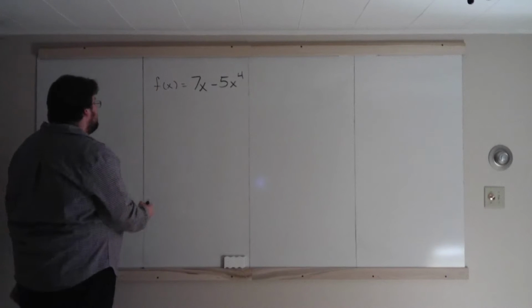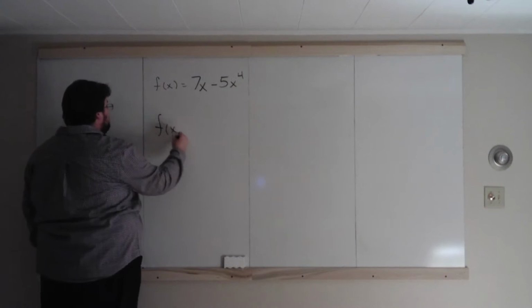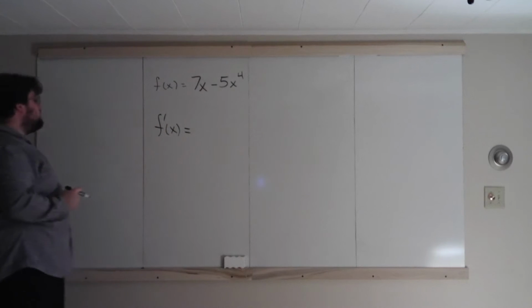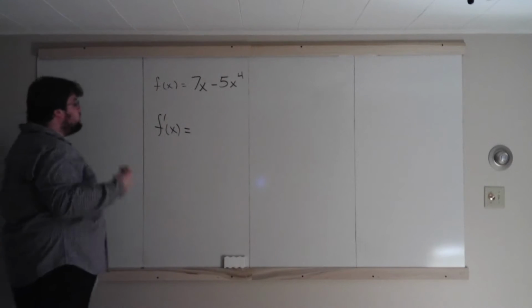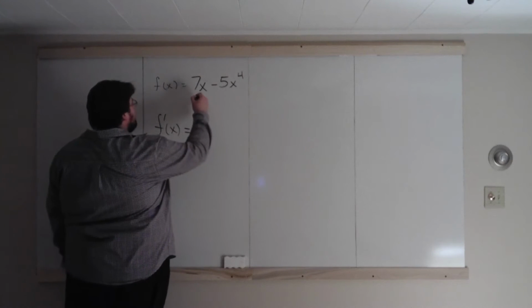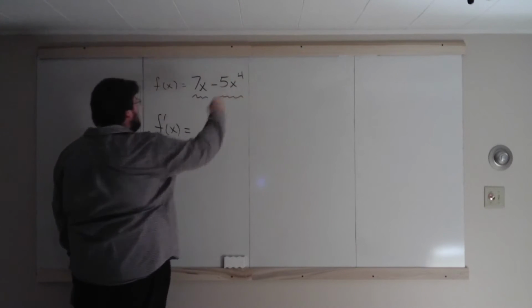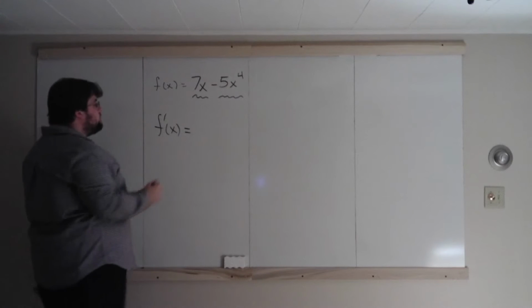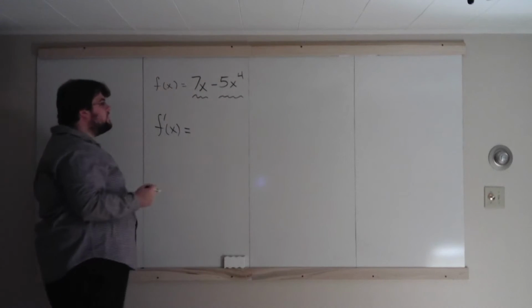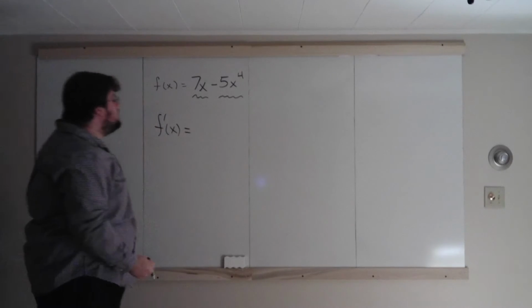So if we want the derivative, we should write that we're getting the derivative. If we want this derivative, rule 4 told us that if you want the derivative of something minus something else, then you need the derivative of the first thing, and then you subtract the derivative of the second thing. So let's do that.